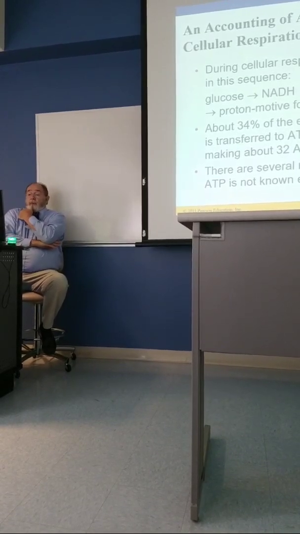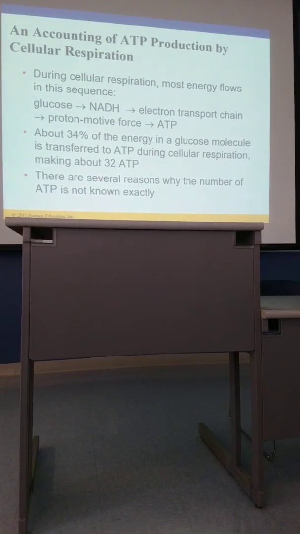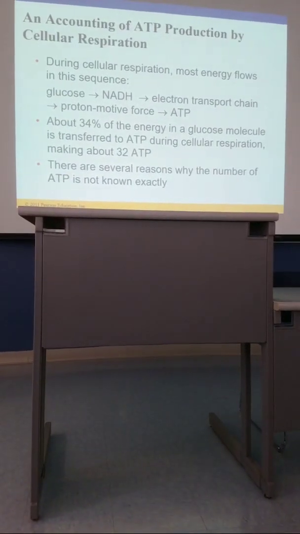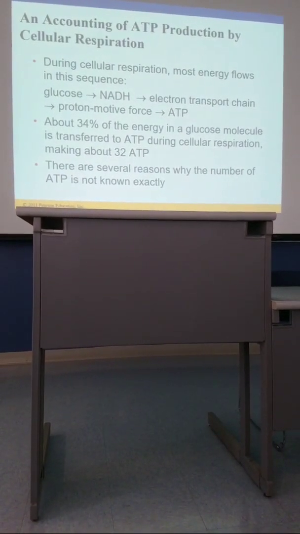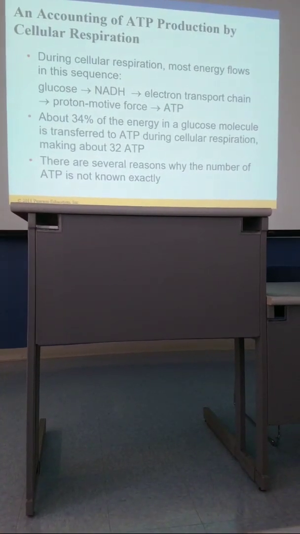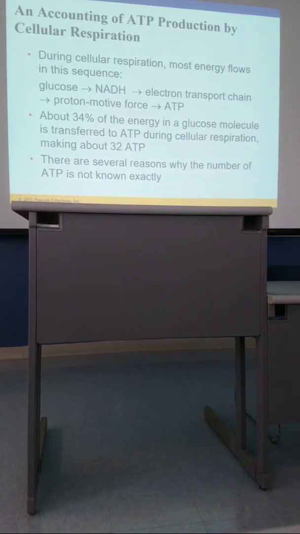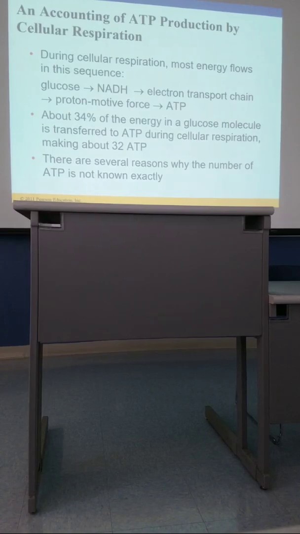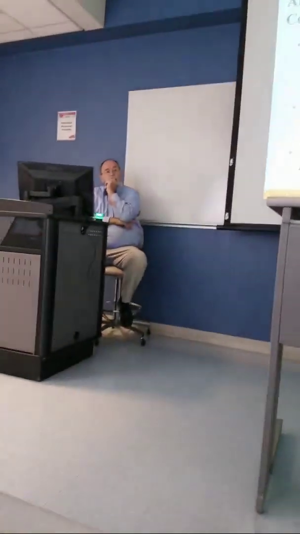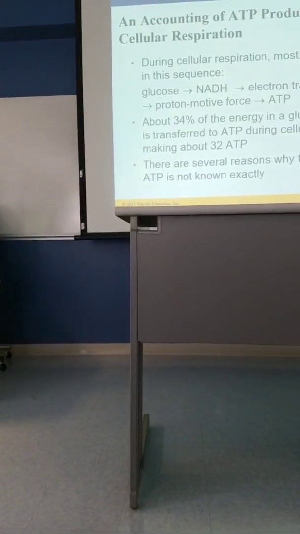Also, 34% of the energy in a glucose molecule is transferred to ATP during cellular respiration. Now think about that. 34% of the energy contained in glucose is what we get out of it. We don't get nearly that much out of meat. Not nearly as efficient.